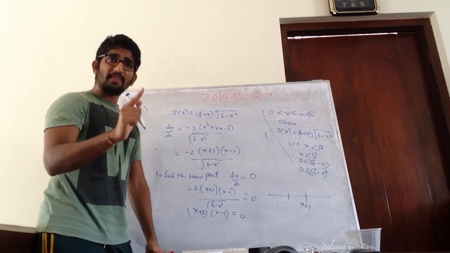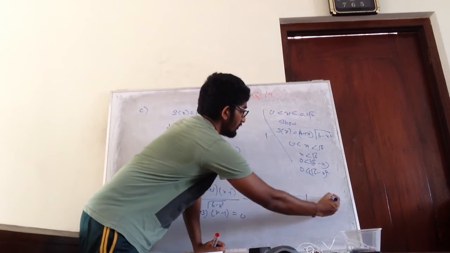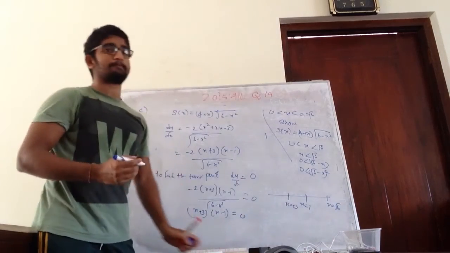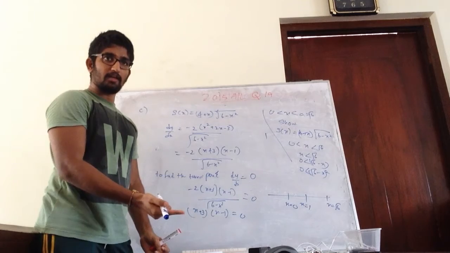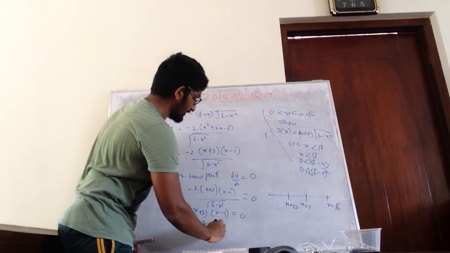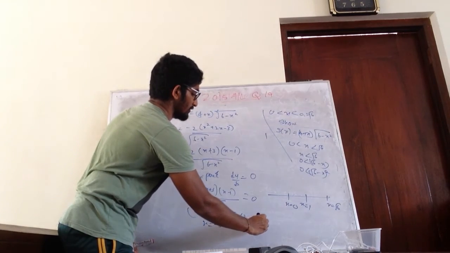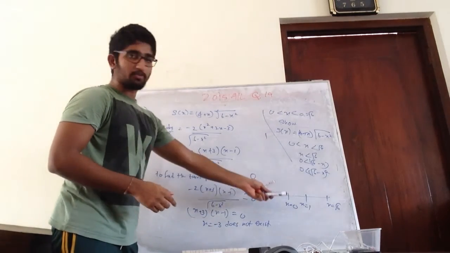But that is not possible because x is between 0 and square root 6. So this point cannot be taken. So x equals minus 3 does not exist. So it is between this.